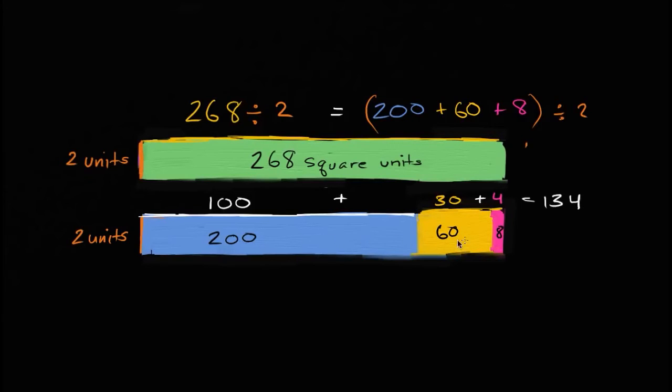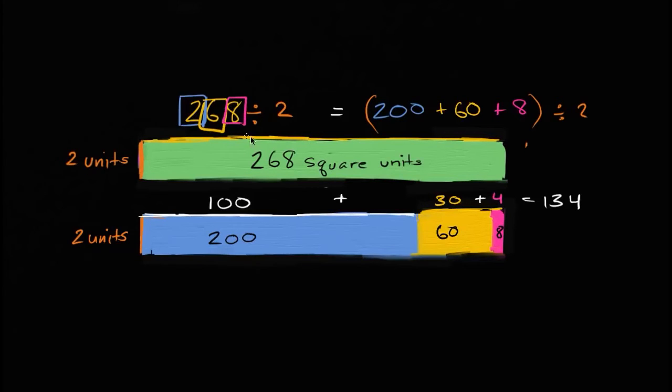And that's exactly what we just did over here, but we visualized it using this kind of a rectangle, breaking it up into chunks that are maybe easier to imagine dividing by 2. We broke it up into 2 hundreds, 6 tens, or 60, and 8 ones.